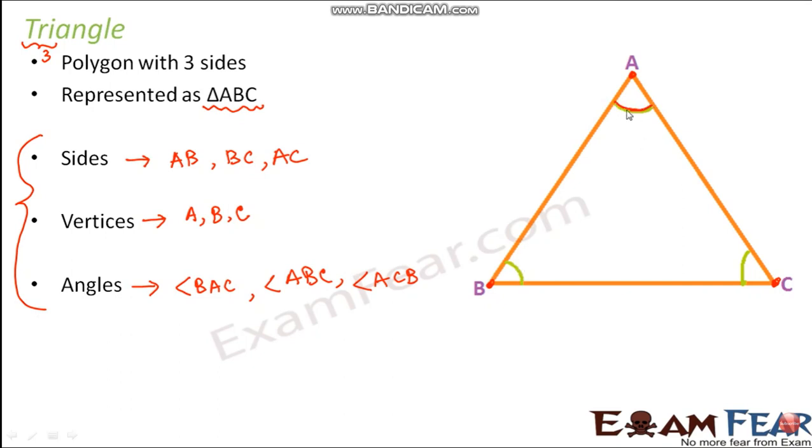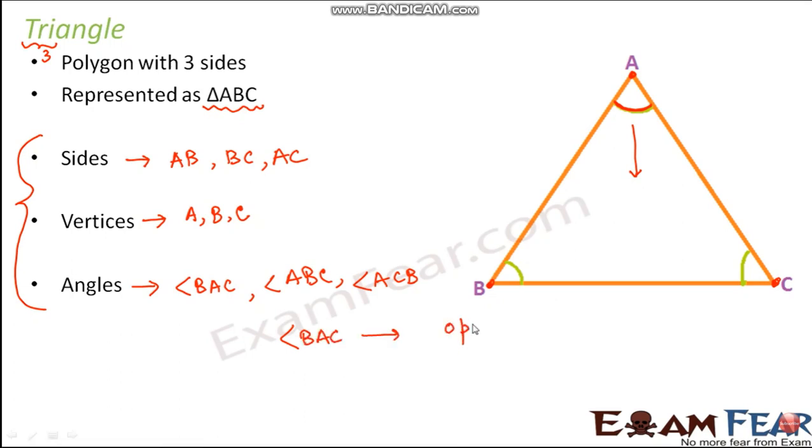Now a couple of other things. Let's say this is angle BAC. This angle A is opposite to the line segment BC.